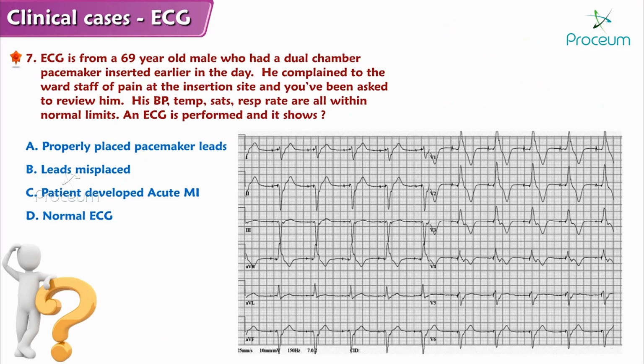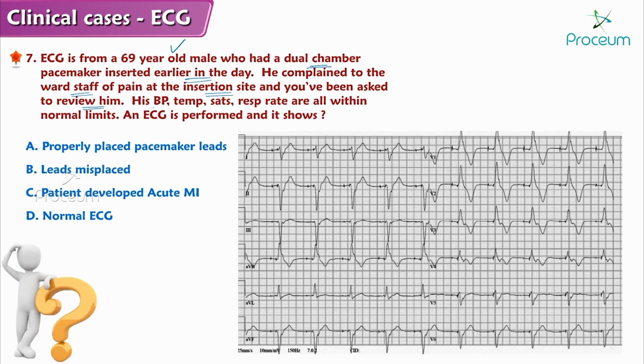If you see this question, we have a 69-year-old male who had a dual chamber pacemaker inserted earlier in the day. He complained to the ward staff of pain at the insertion site and you have been asked to review him.